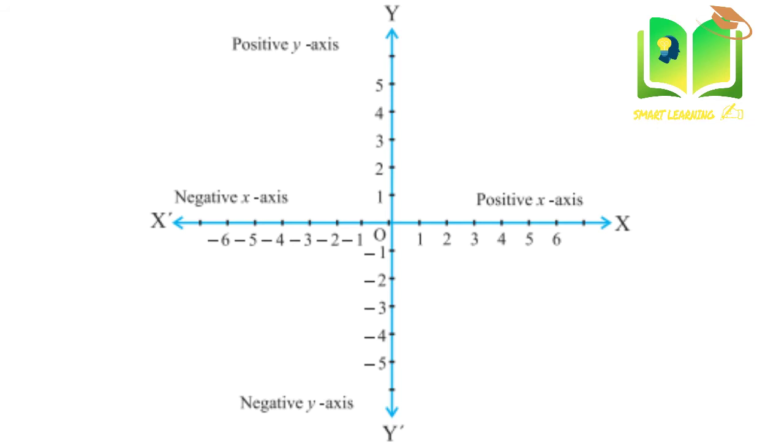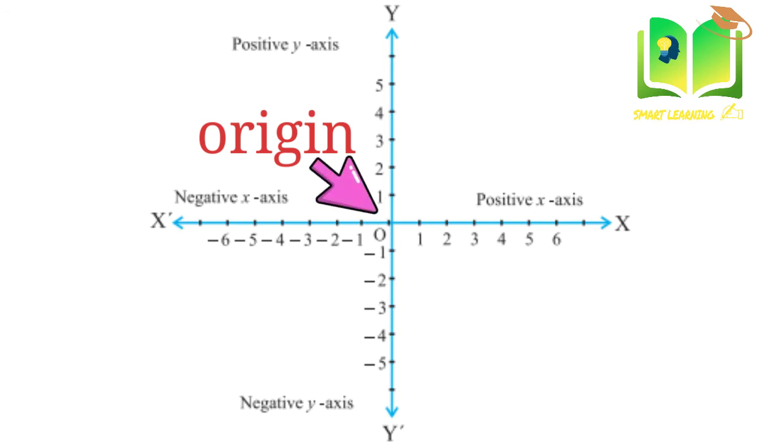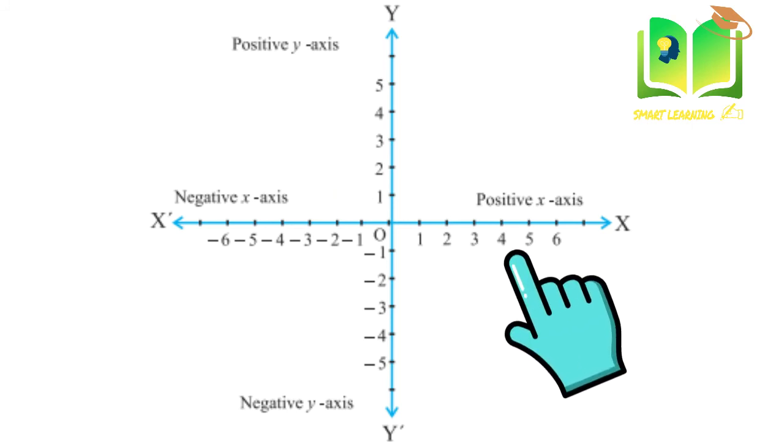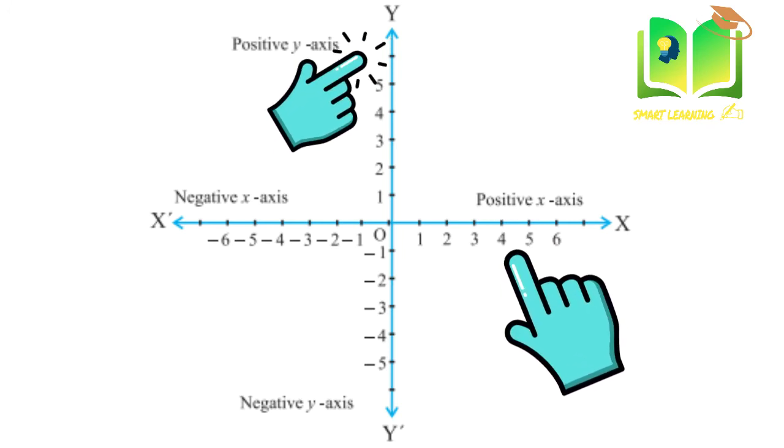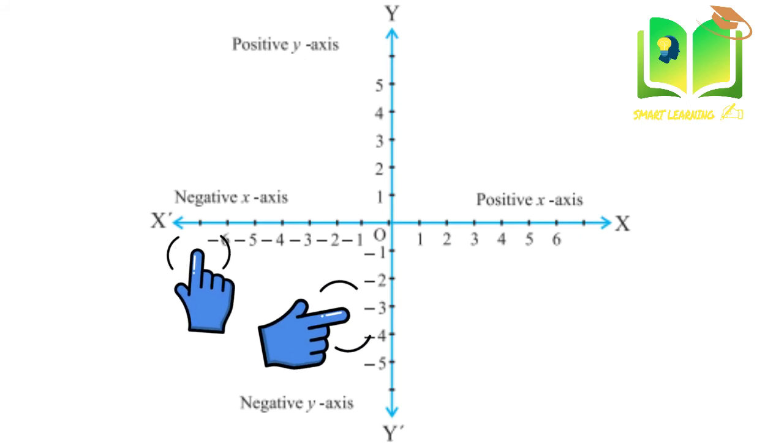The point where x dash x and y dash y cross is called the origin and is denoted by O. Since the positive numbers lie in the direction OX and OY, OX and OY are called the positive directions of the x-axis and the y-axis respectively. Similarly, OX dash and OY dash are called the negative directions of the x-axis and y-axis respectively.